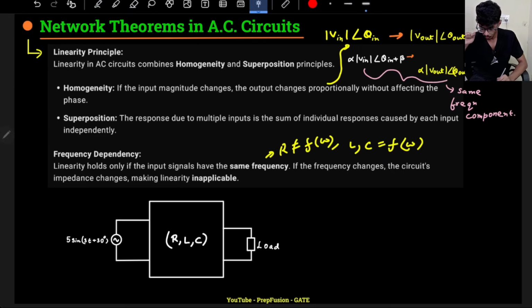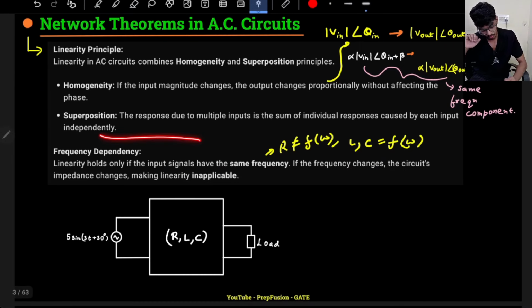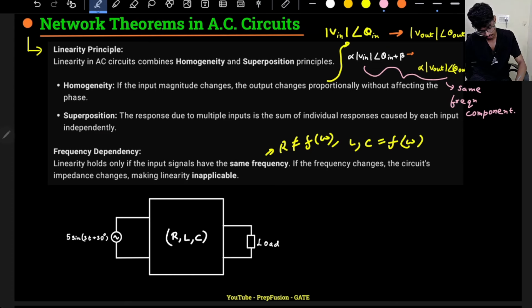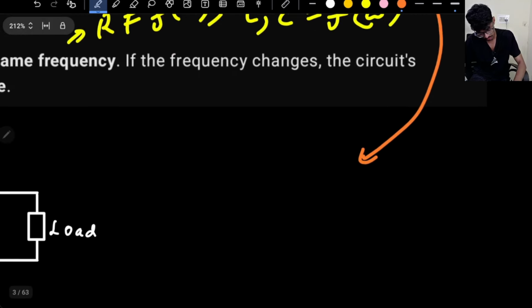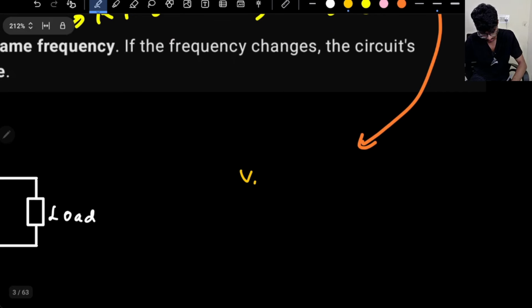So now, what is superposition? This was the homogeneity principle. Superposition is basically, if I have two sources, one source is V in 1 at angle theta 1, and another source, where the frequency can be different.